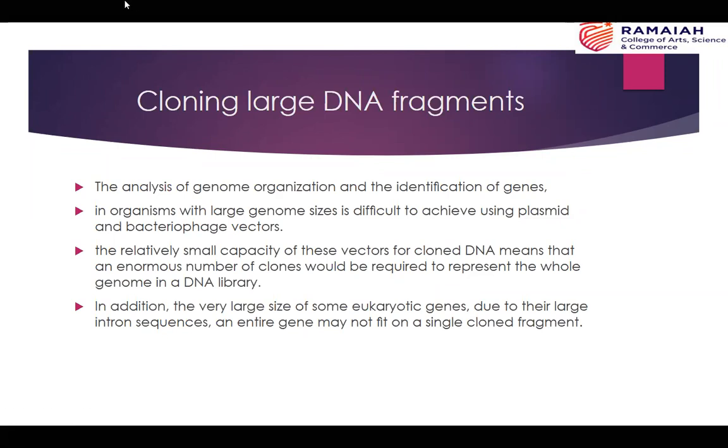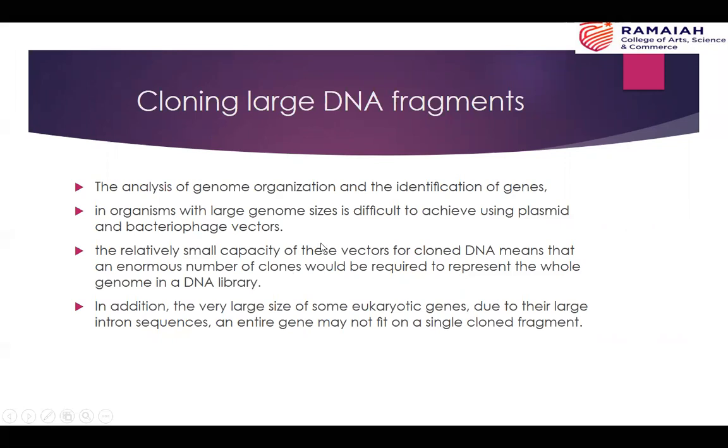Because of their relatively smaller capacity, cloning larger DNA fragments becomes difficult. And if you use these smaller vectors, you may have to develop a huge number of clones to represent the entire genome as a DNA library.